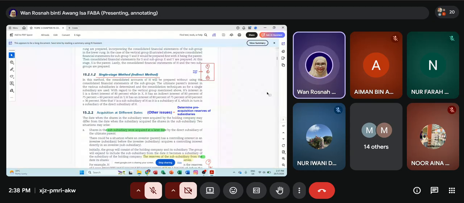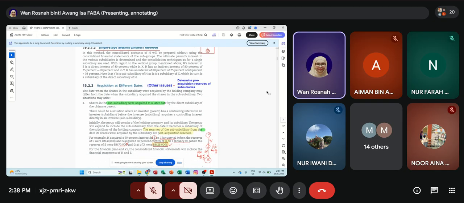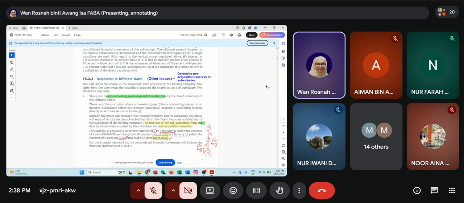We are going to use the single stage, multi-stage method first. Before you go with the treatments, let's look at some of the issues here.